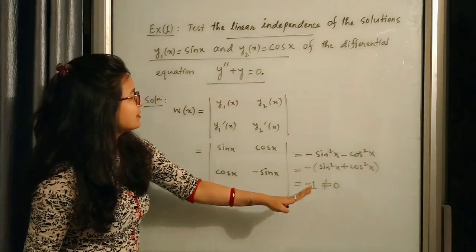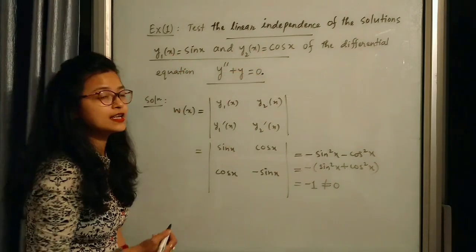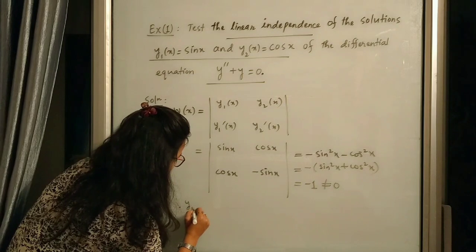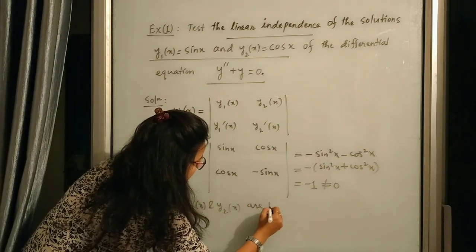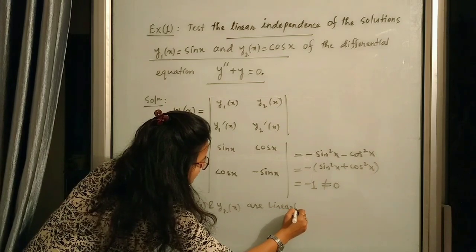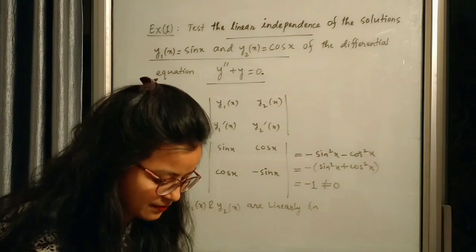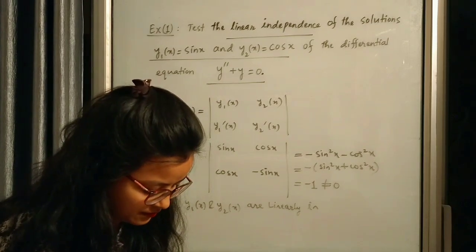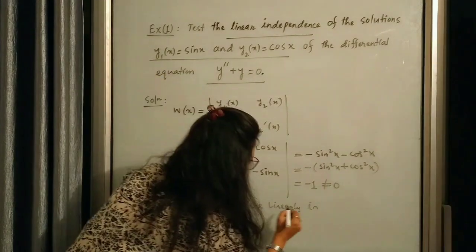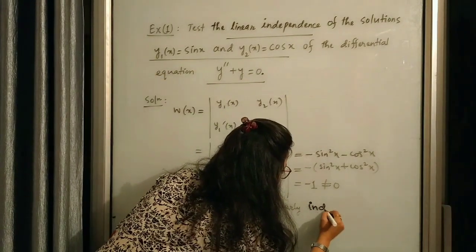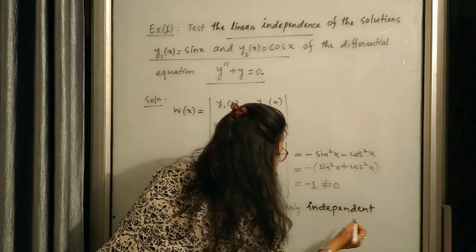That means the solutions y1(x) and y2(x) are linearly independent, as the Wronskian does not vanish identically.